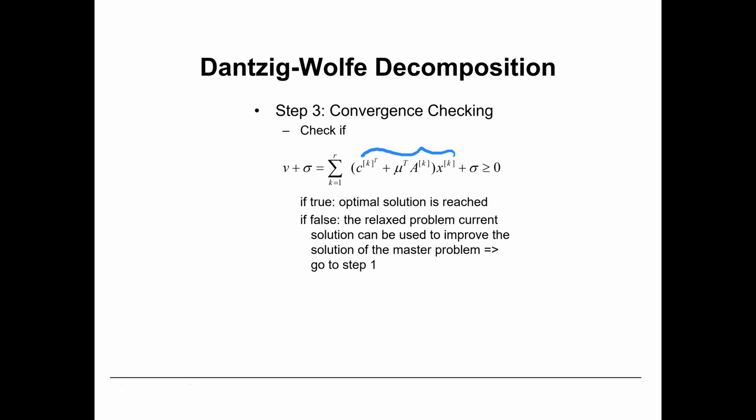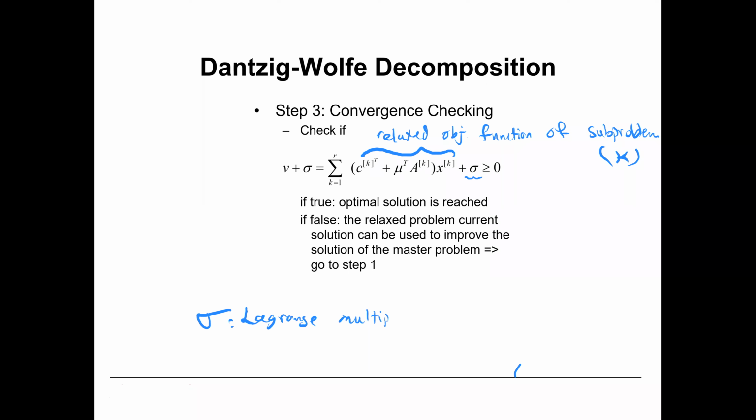So this is the relaxed objective function of subproblem K. We find the value of this at the latest generated solution, x_k, and we sum it up with the Lagrange multiplier for the equality constraint in the master problem.